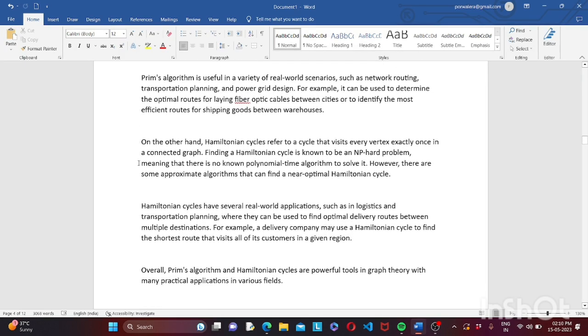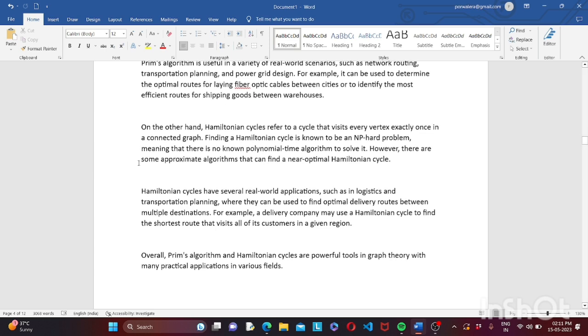On the other hand, a Hamiltonian cycle refers to a cycle that visits every vertex exactly once in a connected graph. Finding a Hamiltonian cycle is known to be an NP-hard problem, meaning that there is no known polynomial time algorithm to solve it. However, there are some approximate algorithms that can find a near optimal Hamiltonian cycle.